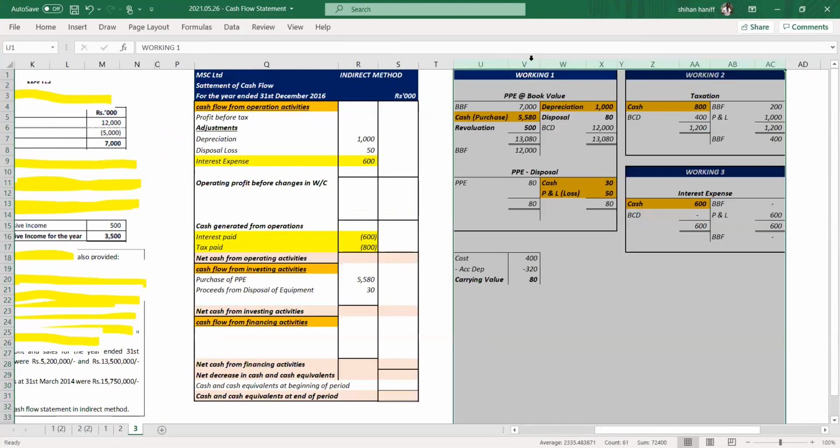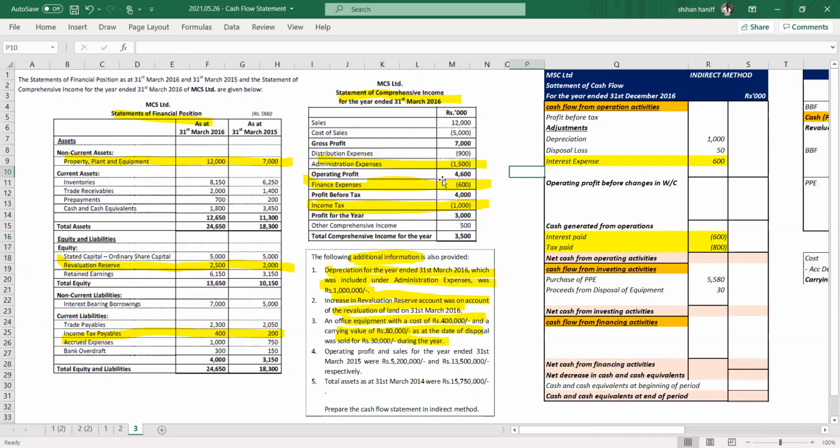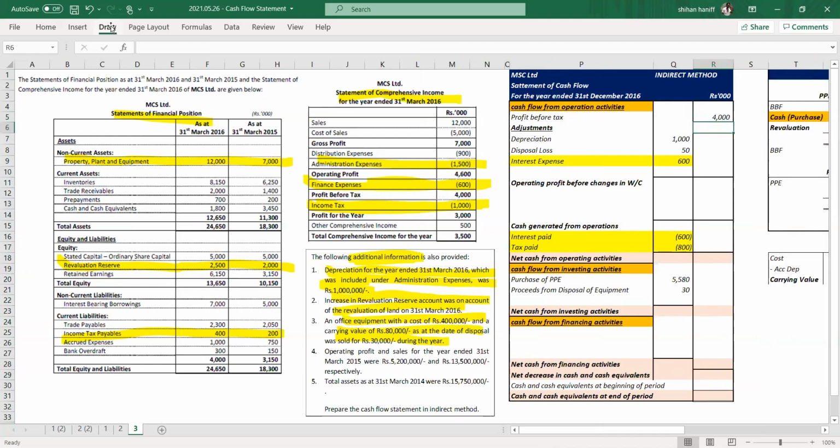Let's go back to the question. Profit before tax is 4,000. So let's take all the other items. Profit before tax, 4,000.